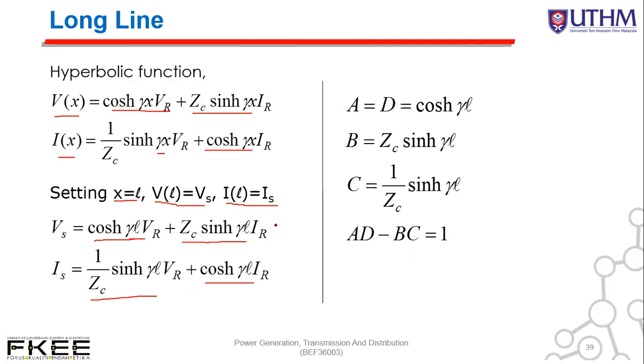So from here we can take out the A constant equal to the D constant, that is cosh(γL). The B constant is Zc sinh(γL), and C is nothing but 1 over Zc sinh(γL), where AD minus BC equals 1.